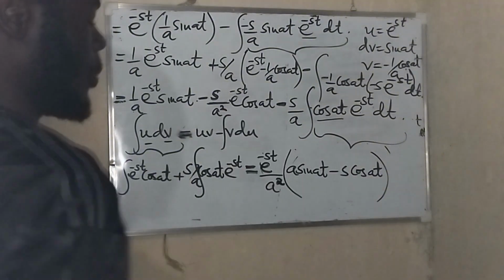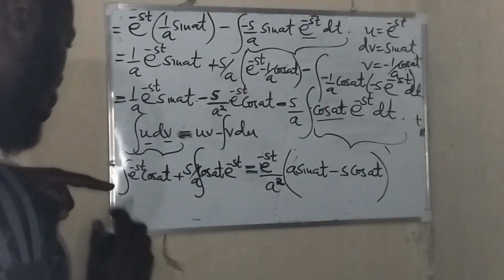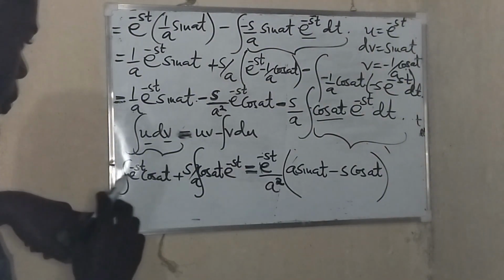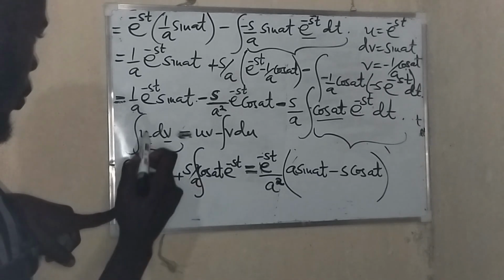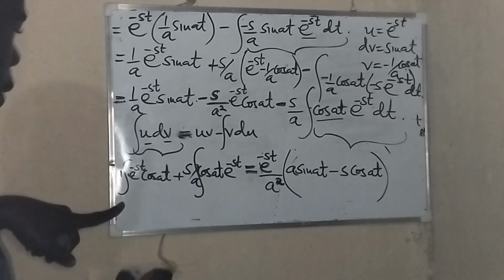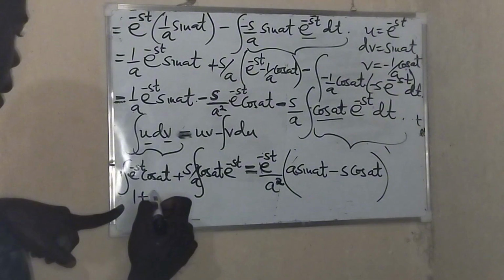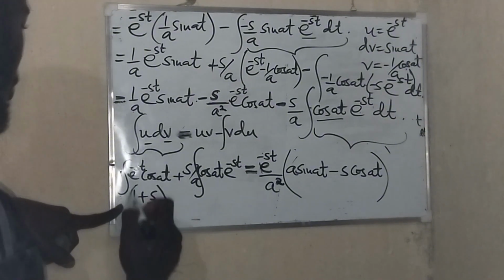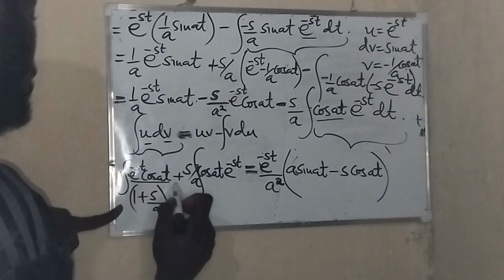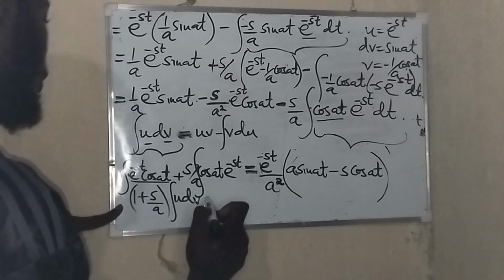Expand, we go back to that. So this side, this one is the integral of u dv. Here the coefficient is 1, so we should have 1 plus s over a. Then the whole of this is the integral of u dv.